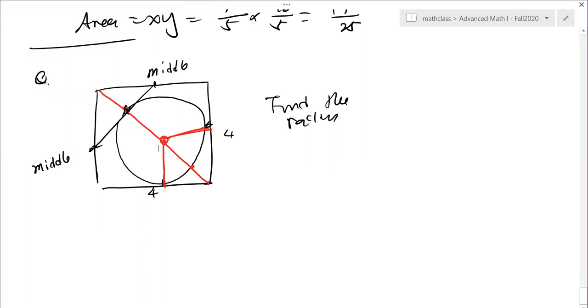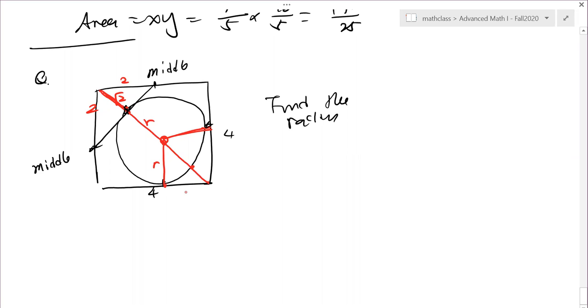I don't know the radius. But you know that this is a middle point, so it's 2 and 2 here. And how about this piece? This piece is 2 divided by square root 2, so actually this is square root 2, right?